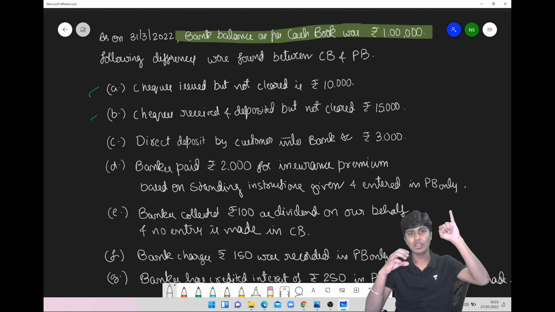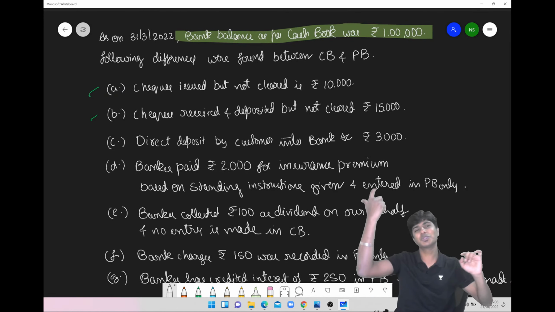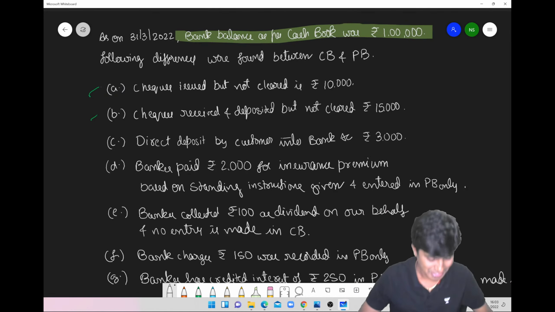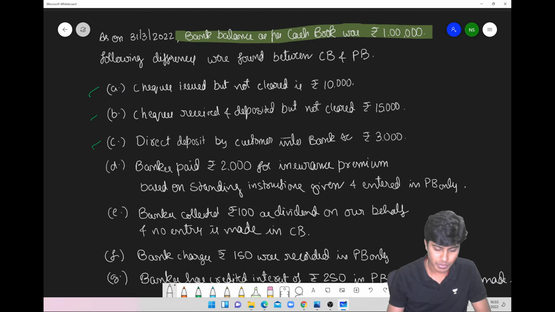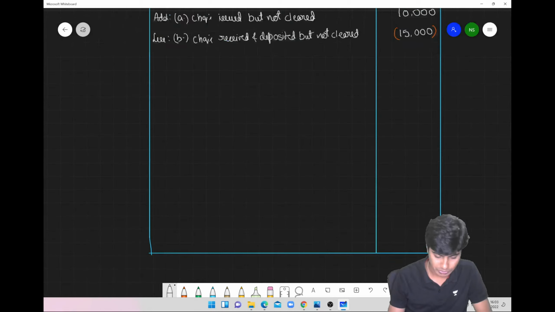What's in our control? We're starting with the cash book. Cash book is our starting point. We can make changes in the cash book only. We would have to increase the balance as per cash book. So it's an add item. Got it? So the third one is an add item. We need to add direct deposit by customer into bank account.